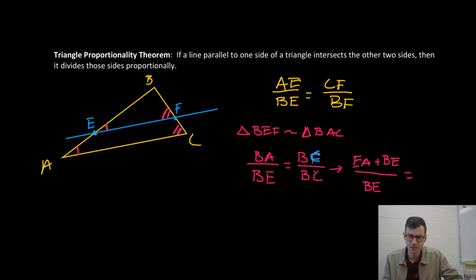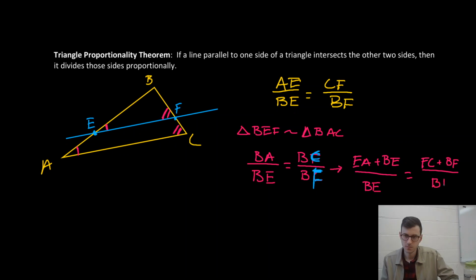Sure, you caught that. Sorry that I'm slow on the uptake. BA over BE, the big over the small, is the big over the small. My apologies. Okay, so BC looks like this: FC plus BF over BF.